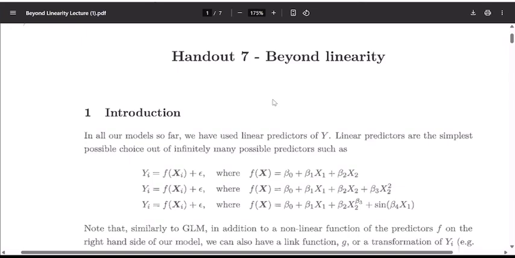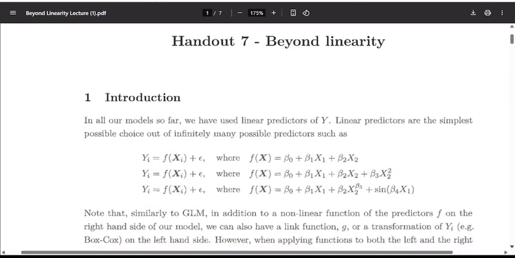Generally speaking, at times we look beyond a straight line relationship where we're trying to model the relationship between response and predictor. If you take a look at what we've been doing before, we normally have a linear combination of the predictors and the regression parameters.